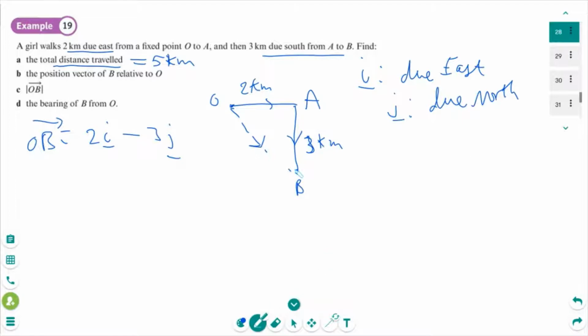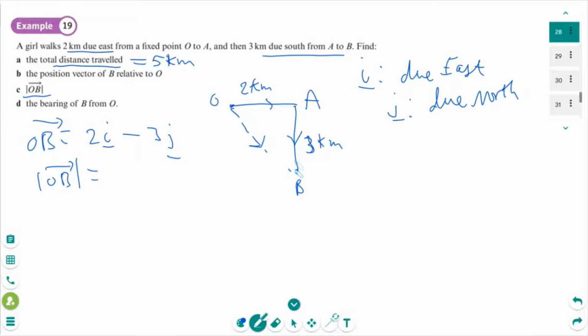Any questions so far? Remember the magnitude means how big the vector is, how long it is. So you just do Pythagoras on the components.